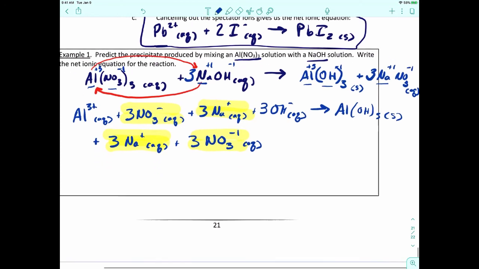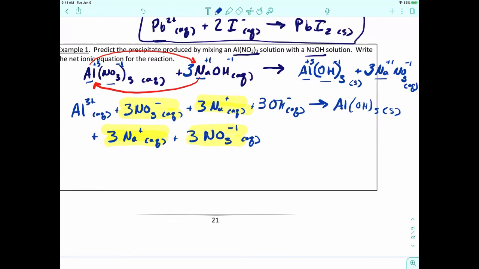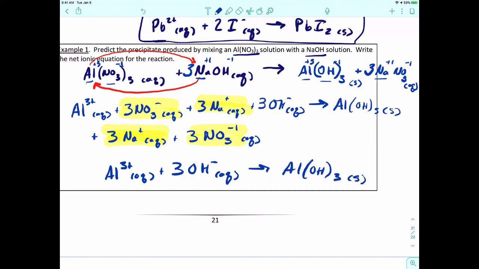So once we cancel those out, what we're left with, we can write our net ionic equation: Al3+ (aq) plus 3 hydroxide ions (aq) yields Al(OH)3, and that's our solid. And there it is. So that's how we went from a molecular equation to a full ionic equation to a net ionic equation.